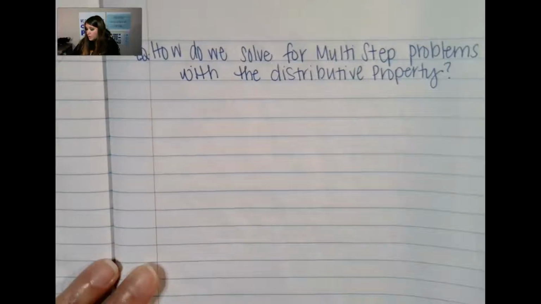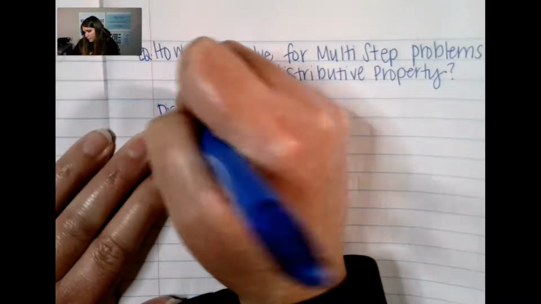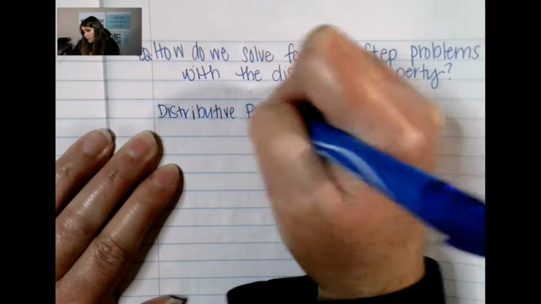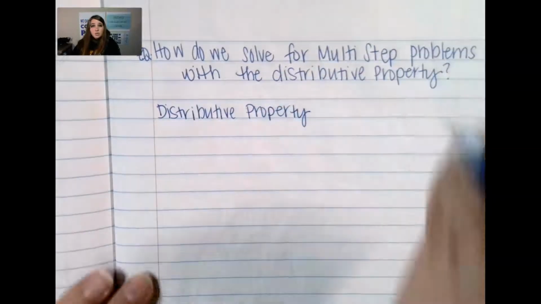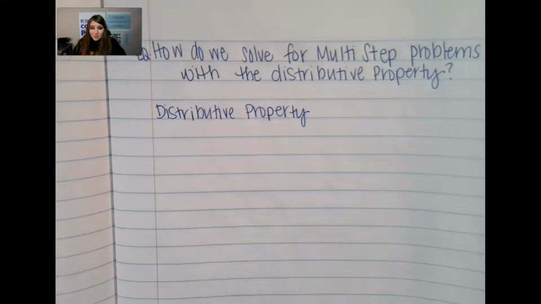All right. So first of all, what is the distributive property? I know that you have done the distributive property since you were in elementary school. So let's just do a quick review so that way you remember what it is, because we incorporated letters into it just for some of you last year and others of you the year before that.